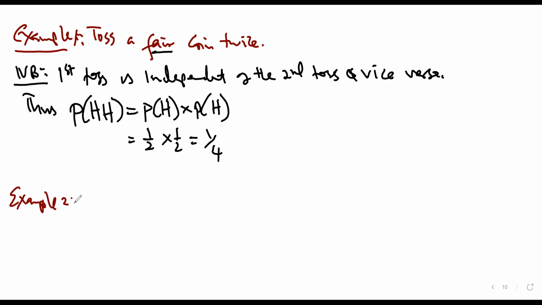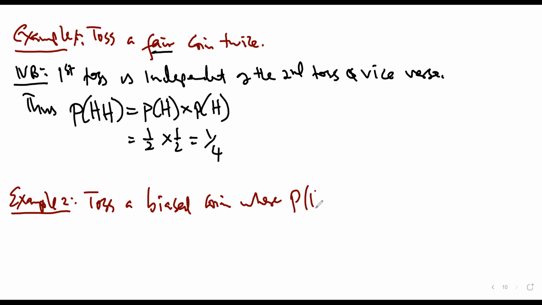Okay. So this is example number 1. Example 2: if you toss an unfair coin, a biased coin, where the probability of head is 0.6, and of course the probability of tail is 0.4.